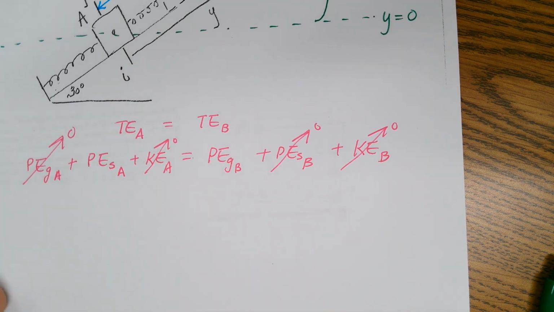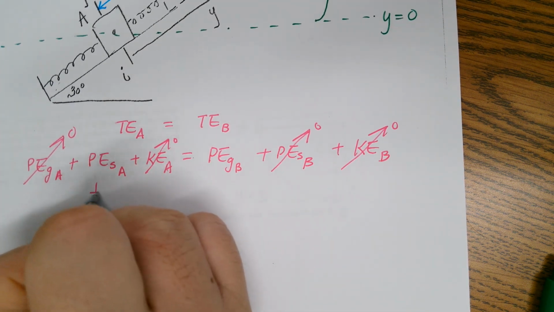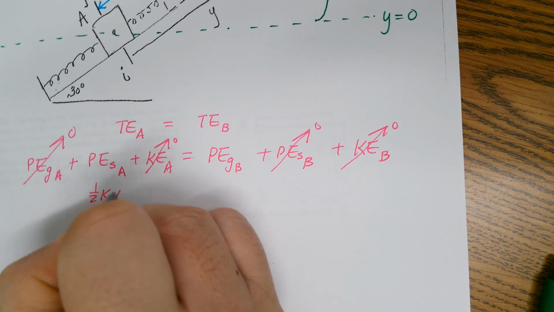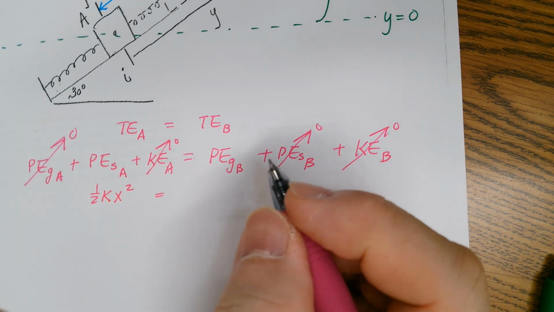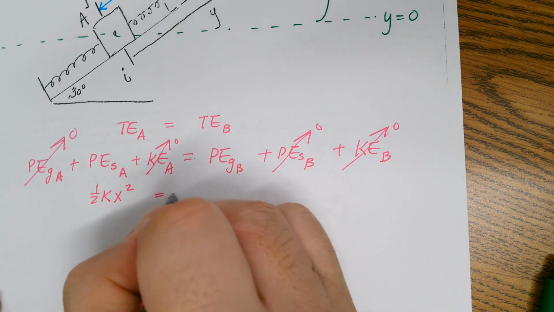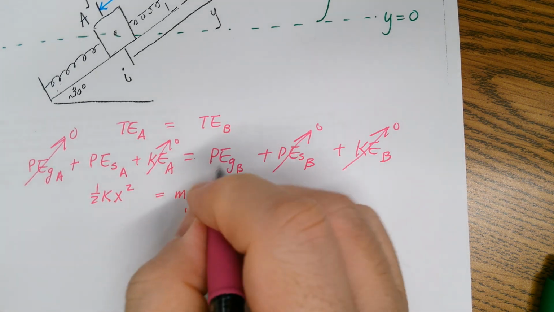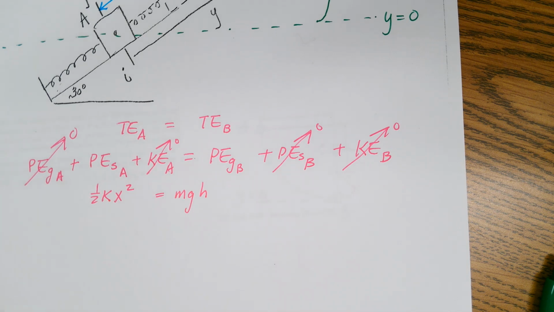Let's see how high it gets. So here I have 1/2 kx squared is equal to mgh.